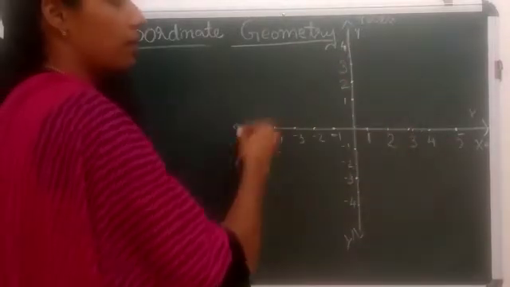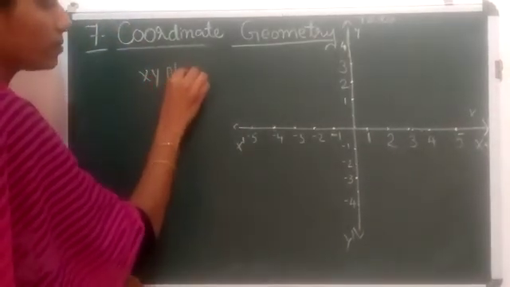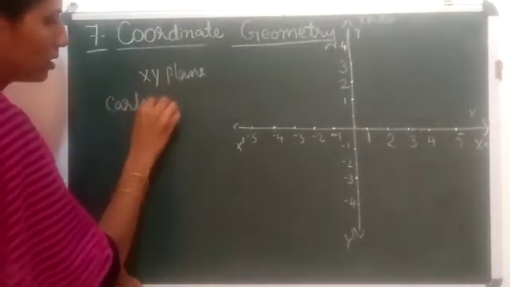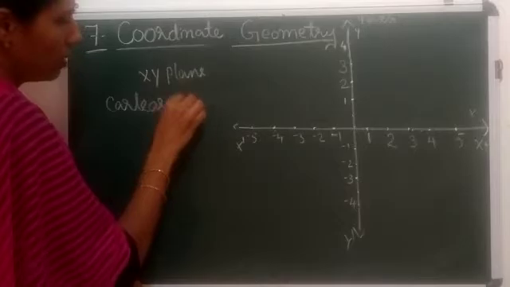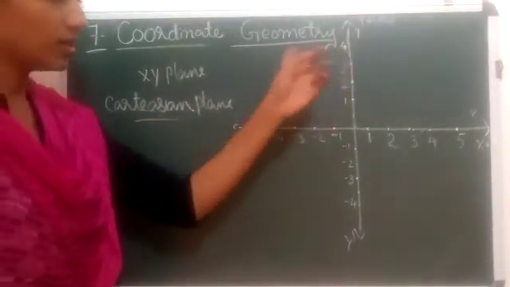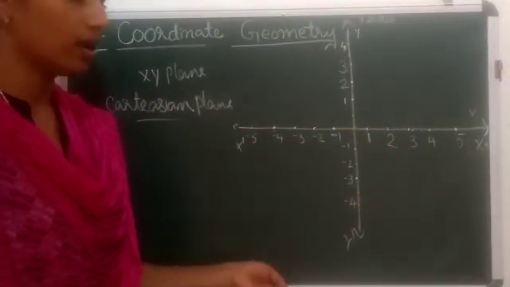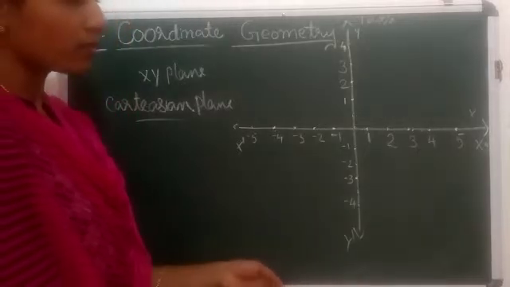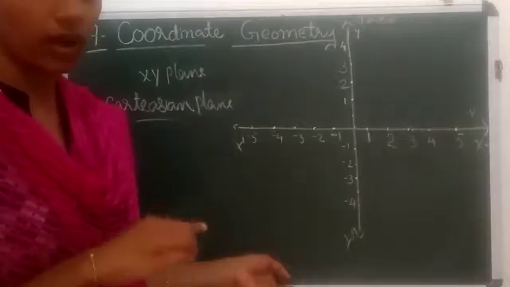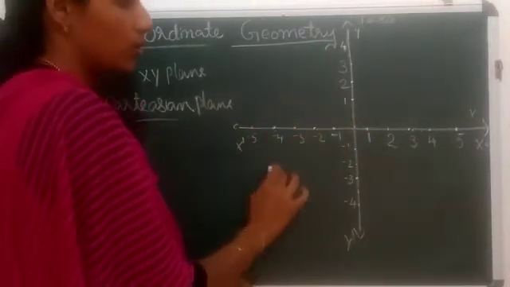So this entire plane is called the xy plane or Cartesian plane. When we draw this xy plane, it is divided into 4 parts, right? 1, 2, 3, 4.